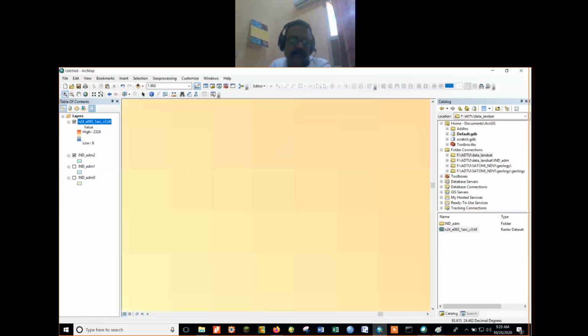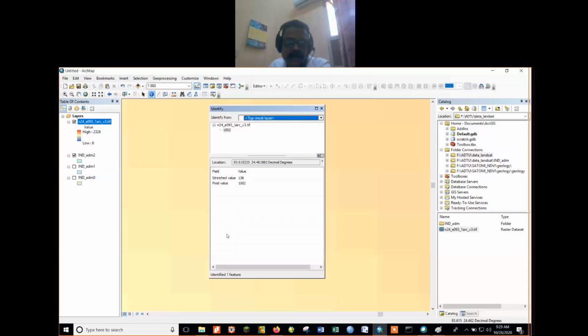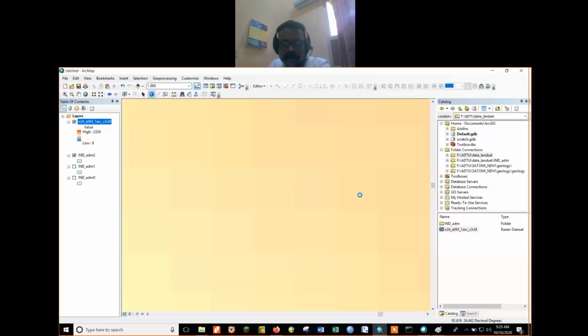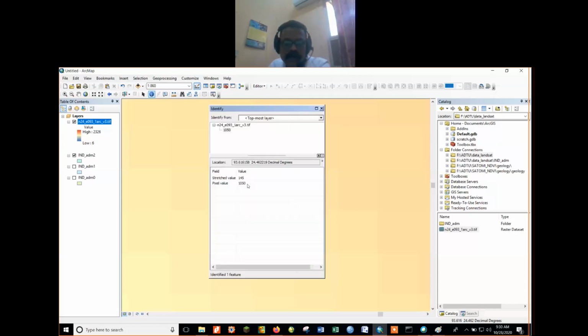Here you see the pixel value 1002, which is the height of this particular area. There is another height. You click here, then you see 1050. This is the height of this pixel.